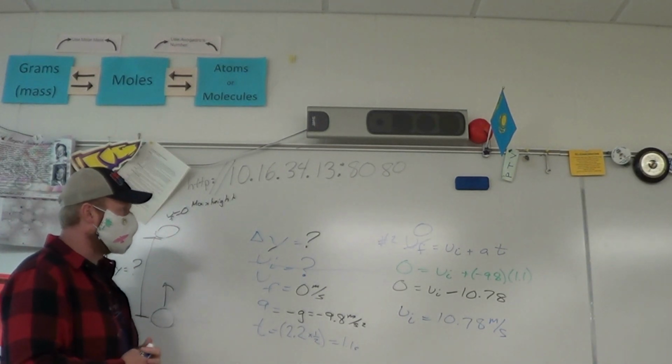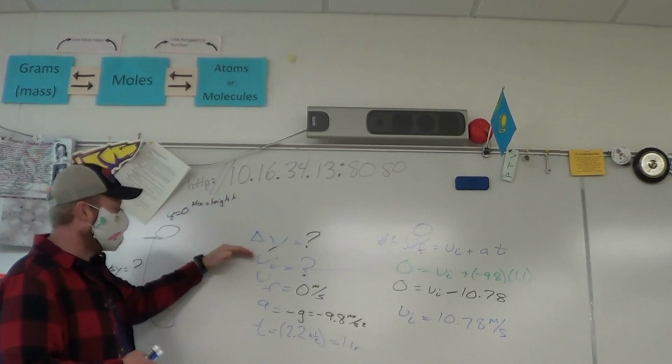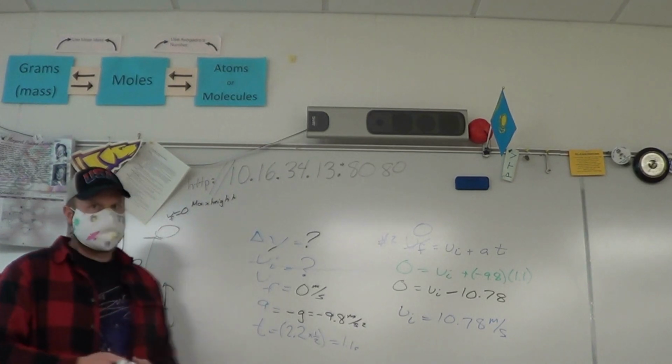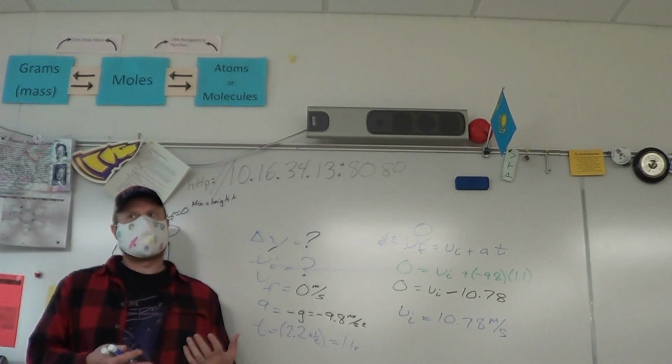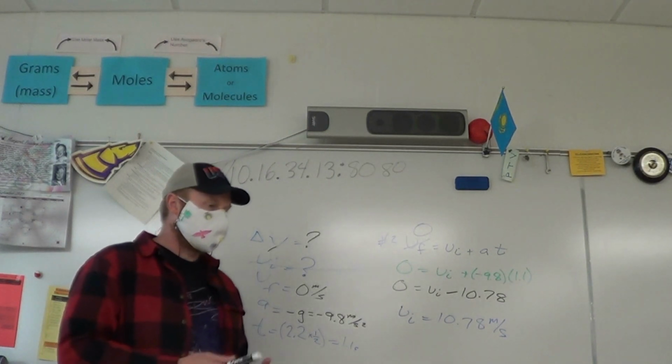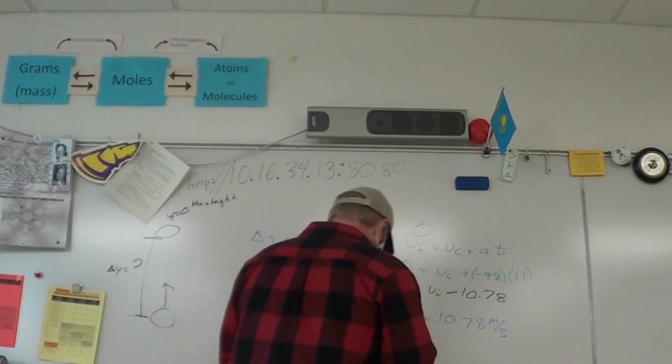Or we could use equation number 5, VI plus VF divided by 2 times T will give us a delta y. Just don't use number 2 because we already used equation number 2. So 3, 4, or 5, which one do you want to use? 5. 5 it is, all right.